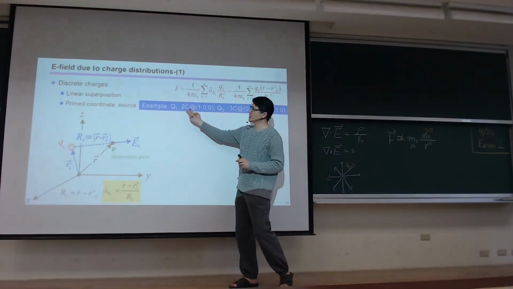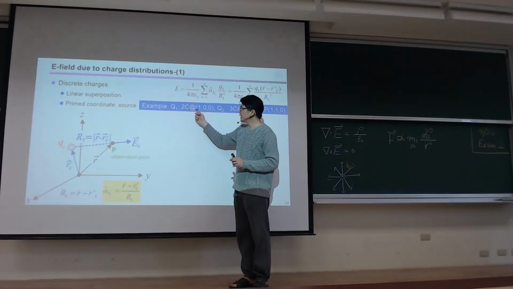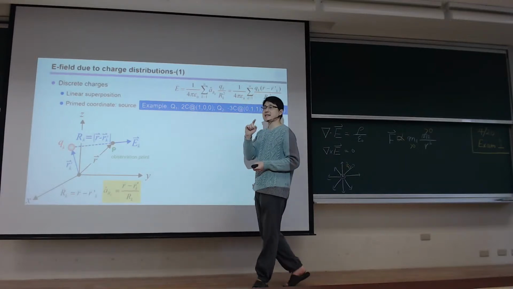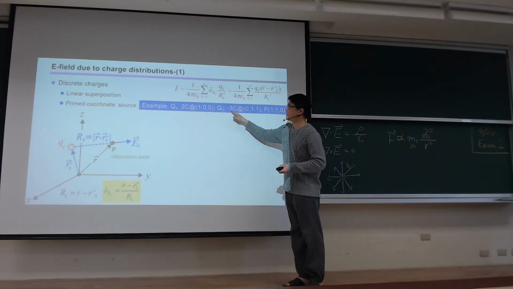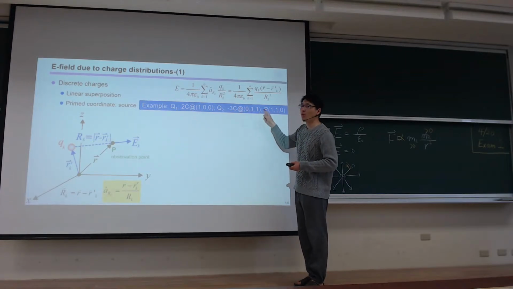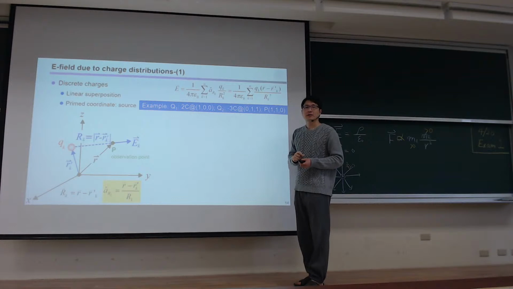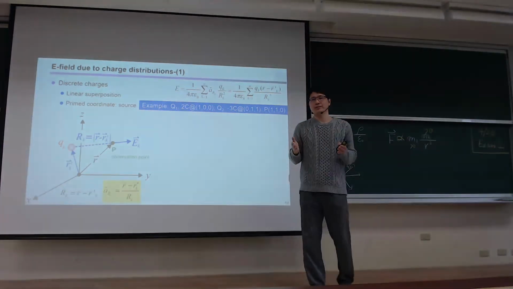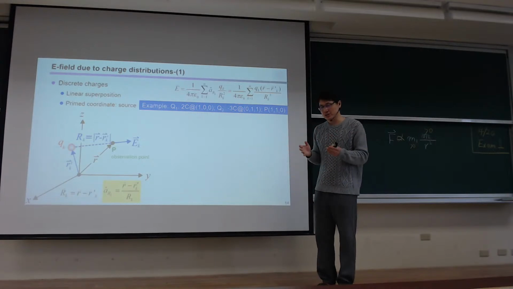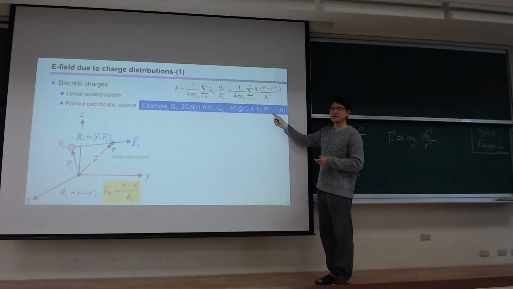The first charge is 2 coulombs, and it is seated at position 1, 0, 0 in Cartesian coordinates. The second charged particle carries negative 3 coulombs, and it is situated at position 0, 1, 1. The question wants you to answer, what is the net, the total field intensity at an observation point of 1, 1, 0.